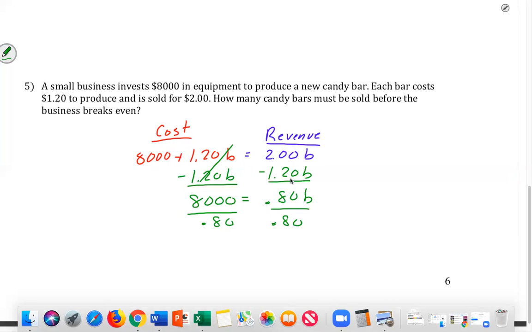And that is going to be, I don't know, I'm going to say 10,000, but I'm not using the calculator. Let's check on that calculator. So 8,000 divided by 0.8. Huh, look at that, 10,000 bars.